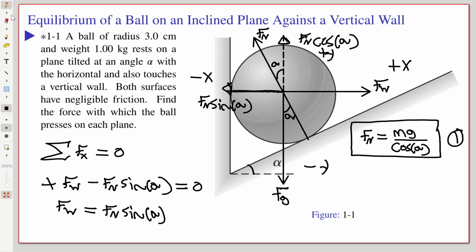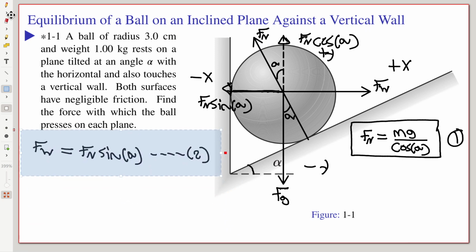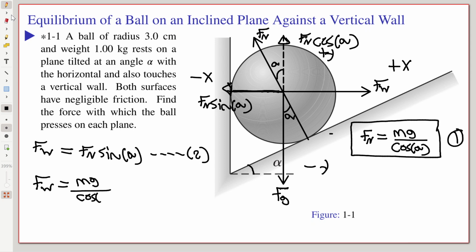Now that's not the end. This is equation 1, and this is equation 2. By substituting equation 1 into equation 2, we can get the final wall force expression. Let me delete all of this and bring equation 2 up here. Substituting, we get Fw is equal to Fn, which is mg divided by cosine of alpha, multiplied by sine of alpha.